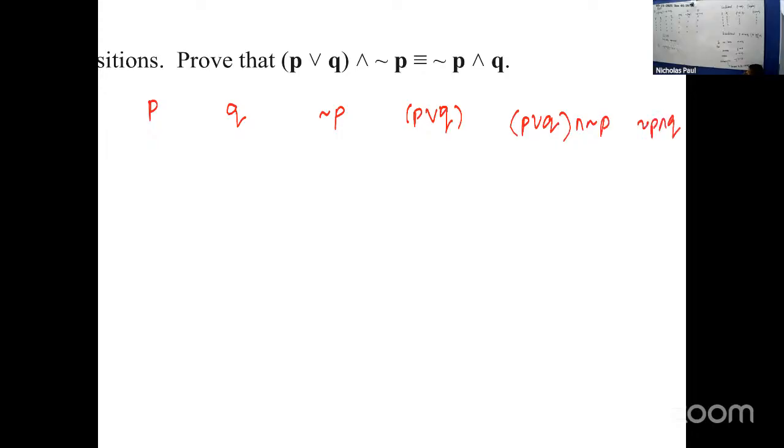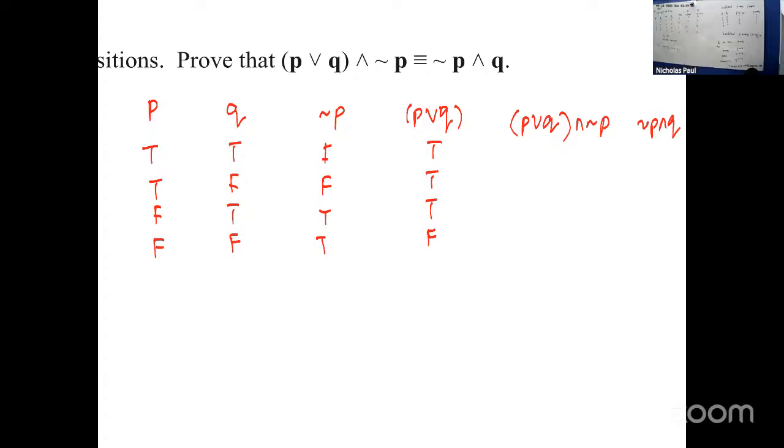All right, let's see what happened here now. That's true, true, false, false. True, false, true, false. Negation of P, false, false, true, true. P or Q will be true, true, true, false.